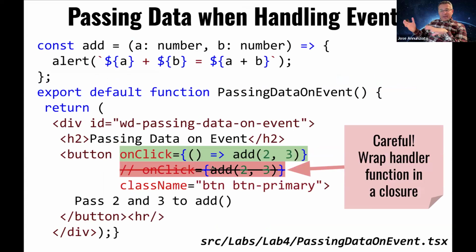This is a reminder that if you are going to invoke a function where you need to pass arguments to it, make sure to embed it inside of a closure. Don't do this, of not putting the closure around it, because that will cause an infinite loop.